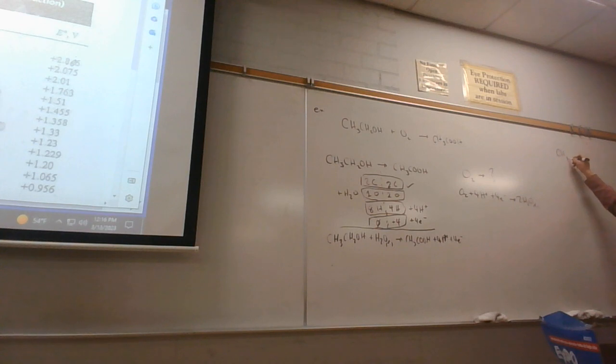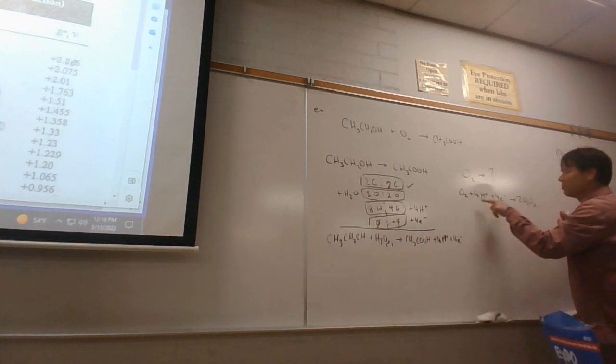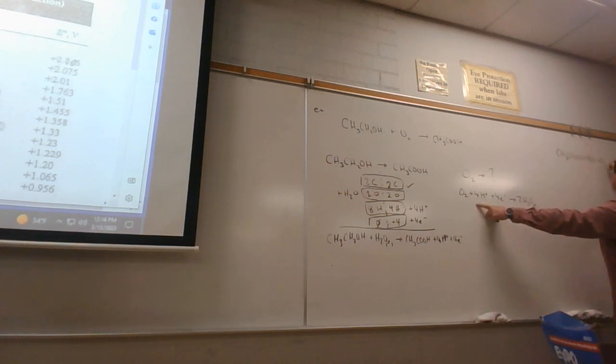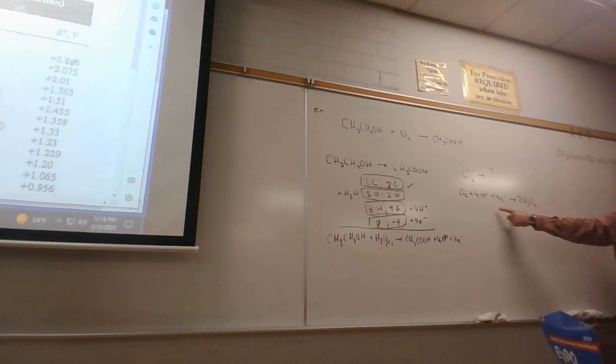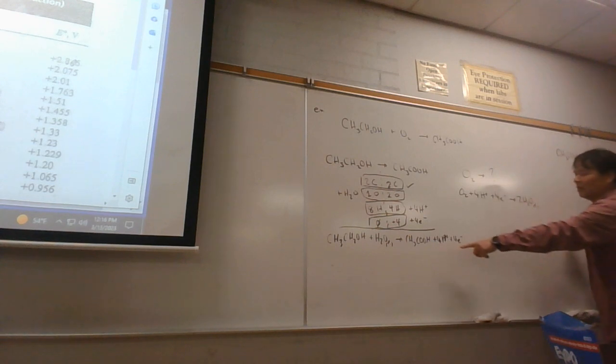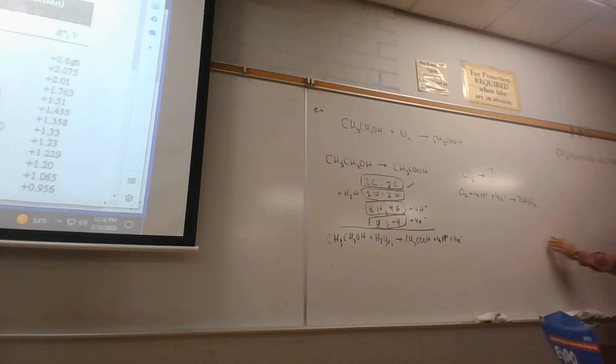That's ethanol, CH3CH2OH, plus H2O, those are the reactants of this equation, plus O2 plus 4H plus 4 electrons, yields acetic acid, CH3COOH, plus 4H plus 4 electrons plus 2 H2O liquids.